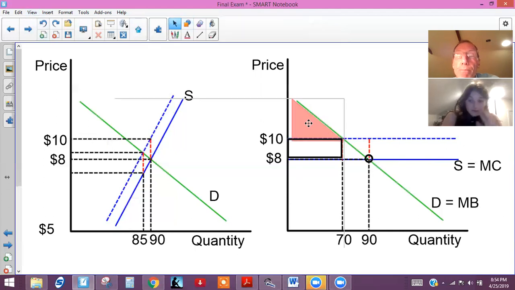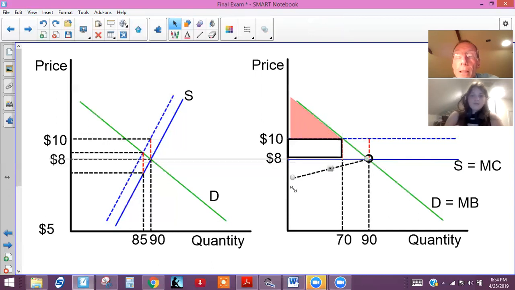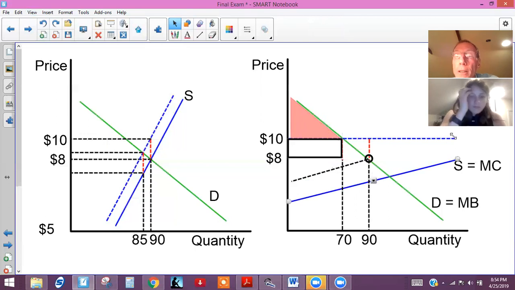This is the consumer surplus, but because this is perfectly elastic, there is no producer surplus. If this were upward sloping, like this, right?